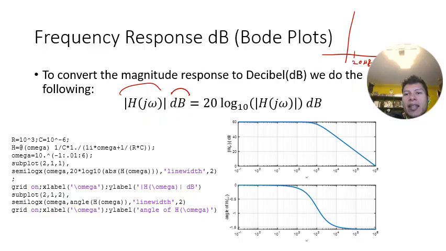Typically they'll show you what the headphones' frequency response is, and the y-axis of this plot is typically dB or decibels. That corresponds to a logarithmic scale where you take the magnitude of the frequency response, you take the log base 10 of it, and then you multiply by 20.